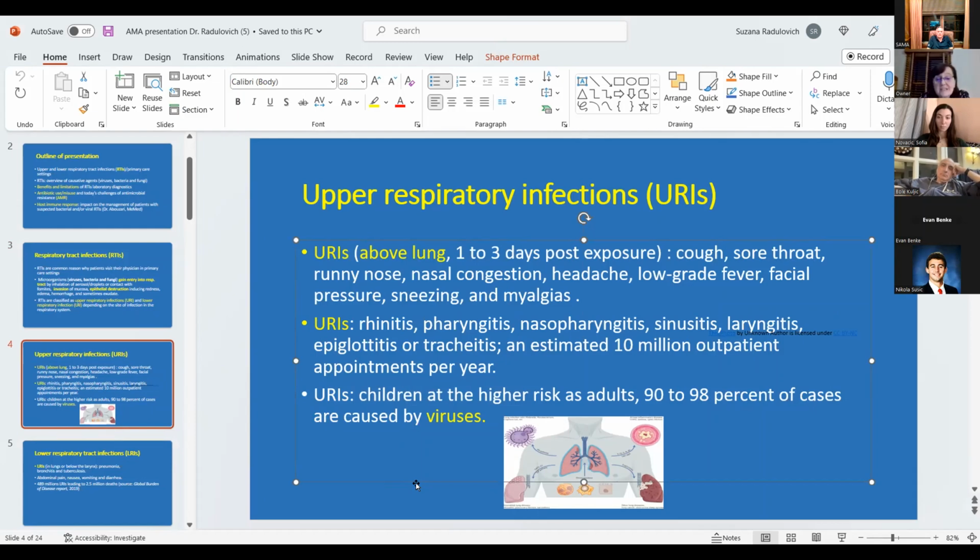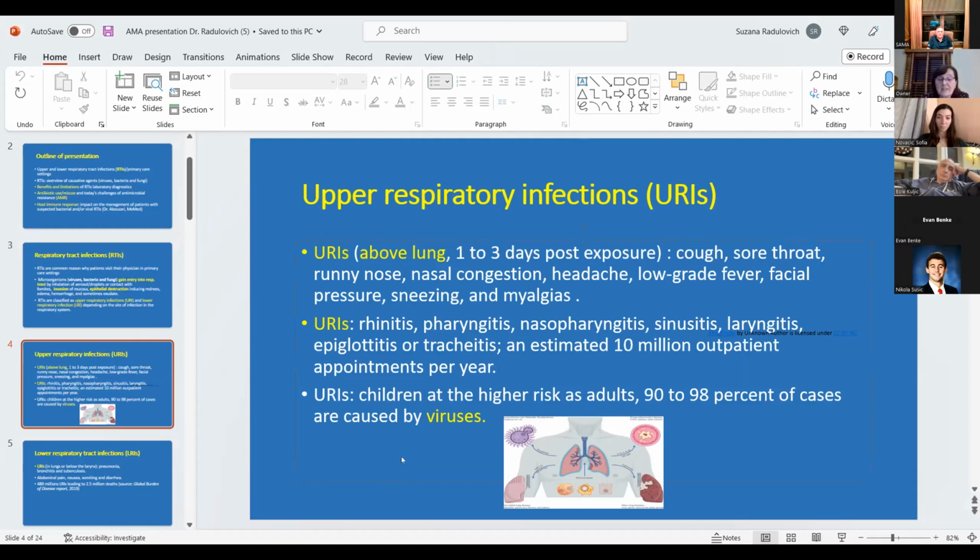Sometimes they will sneeze, and some of them will report myalgias. You're familiar with diagnoses of upper respiratory infections such as rhinitis, pharyngitis, nasopharyngitis, sinusitis, laryngitis, and epiglottitis.